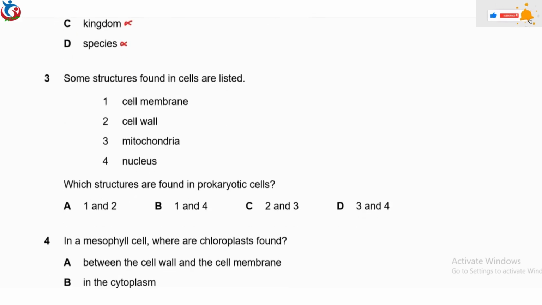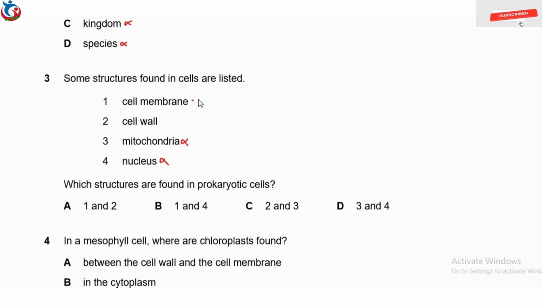Question 3 says, some structures found in cells are listed. Number 1, we have the cell membrane, then the cell wall, mitochondria, and the nucleus. Which structures are found in prokaryotic cells? Prokaryotic cells lack the nucleus, and mitochondria are not found in prokaryotic cells.